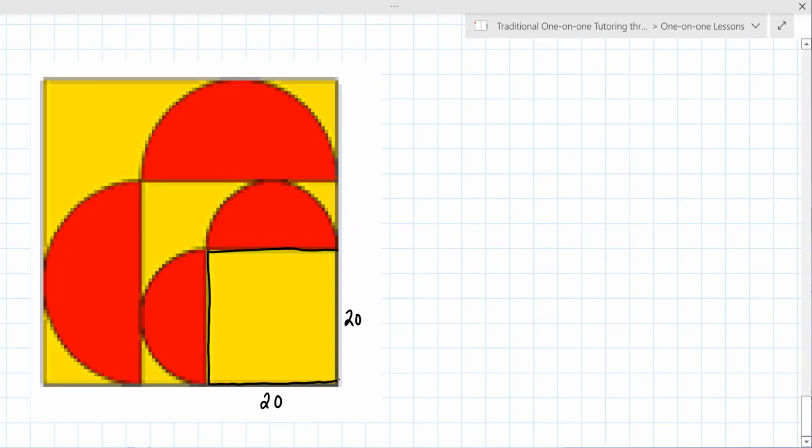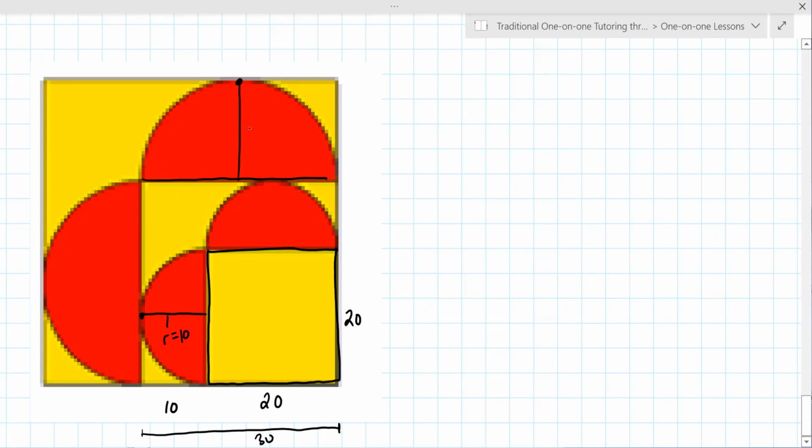Then the circle here, its radius is half of the 20, so its radius is 10. Is that okay? Yeah, I get that. So that's good. And then this big length is 30, which means this circle's diameter is 30.